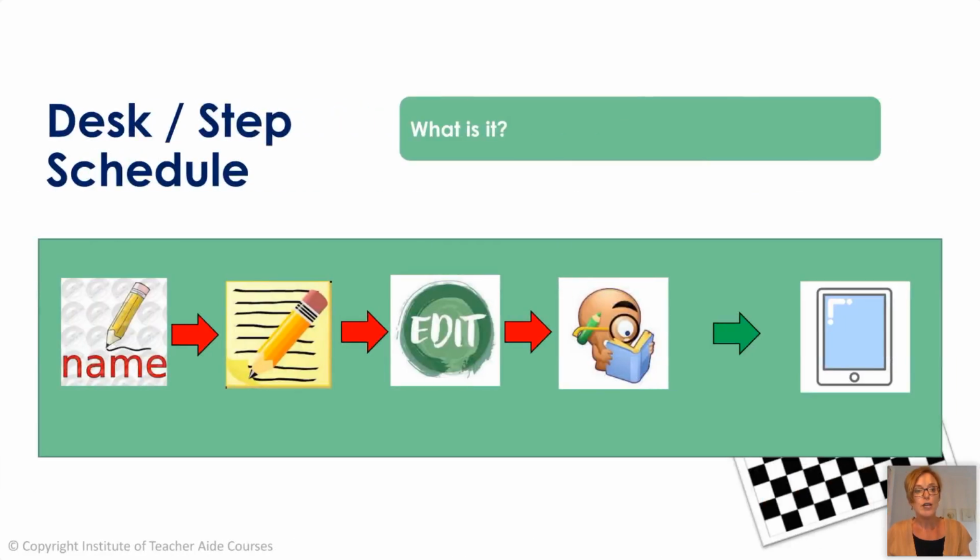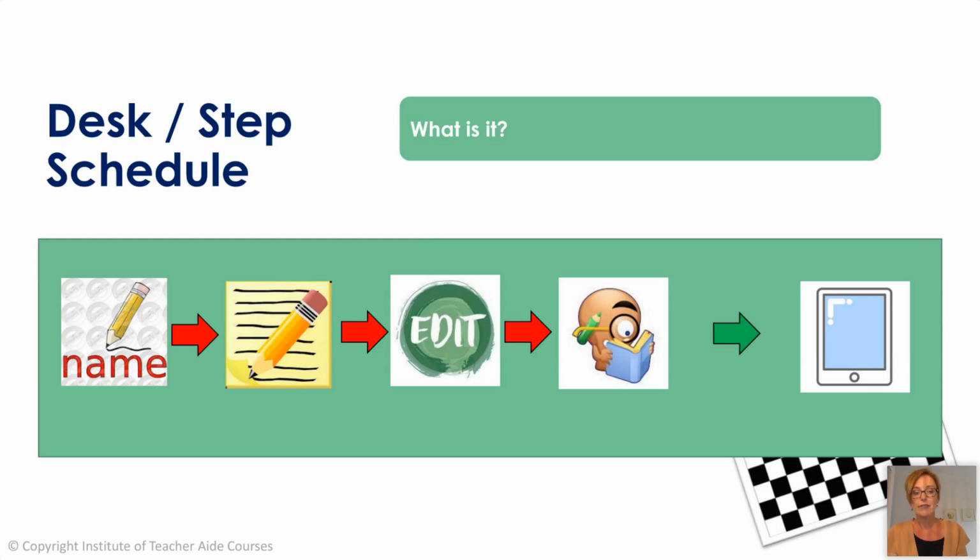So let's have a look at a desk schedule. This is where you kind of get into the nitty gritty. It breaks the activities down even further. So a desk schedule for writing, so we had that writing task on the class schedule, it might look something like this. Name. So that means you've taught them about it, but name means putting your name on the sheet.